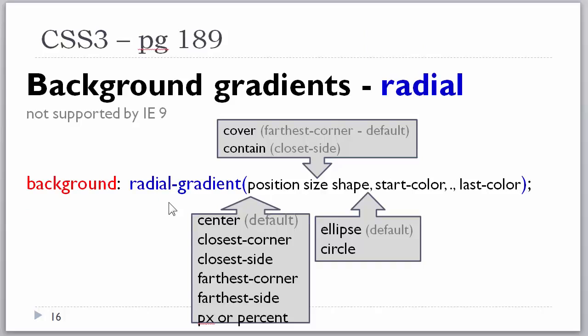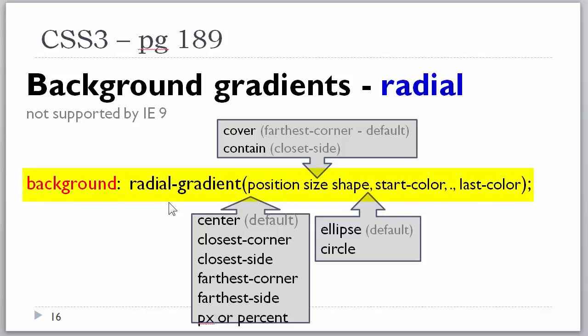Okay, we also have radial gradients. Although linear is generally more common, we also have radial. Here again they function like an image. They are a value of the background property and they take some parameters. Here again the only required parameter is 2 colors.